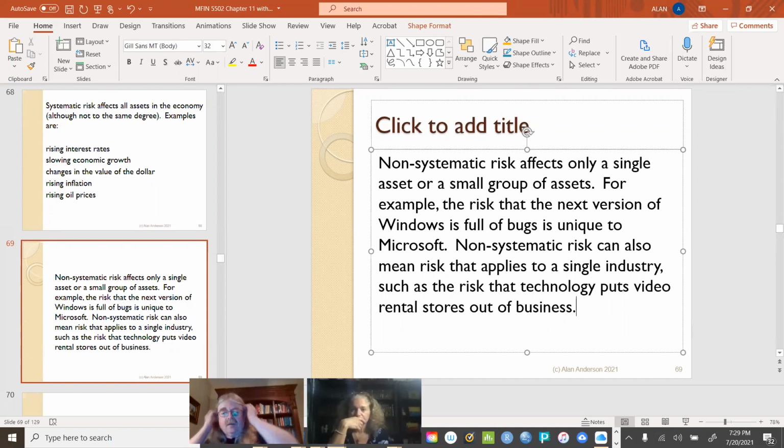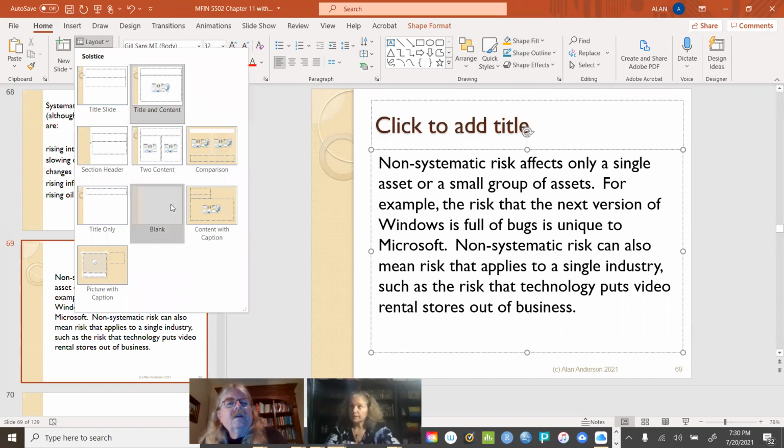Yes, of course, now remember, I think I mentioned this, there's still a single Blockbuster out there. But non-systematic risk means that all of a sudden the entire industry is gone because the technology changed. That's not going to affect anyone else.